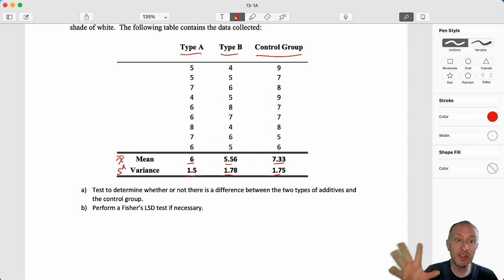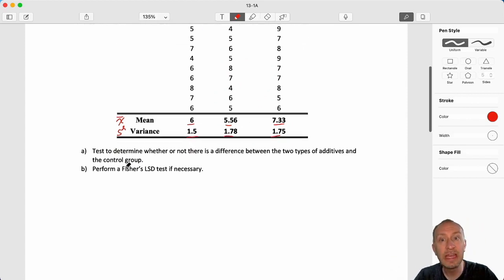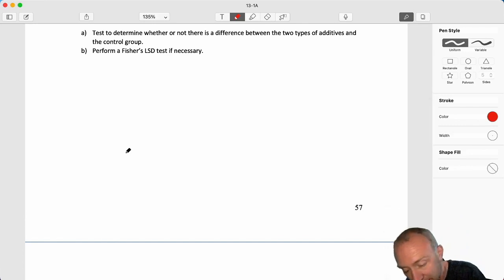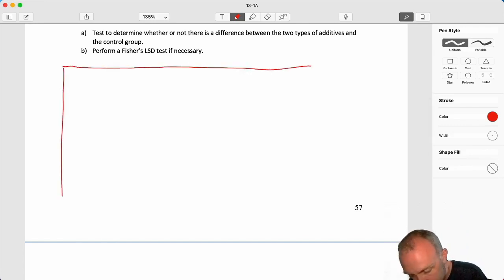Then we've got a few steps to go through in producing what is called an ANOVA table. And so the ANOVA table is going to look something like this, where first of all, we have our source of variation.